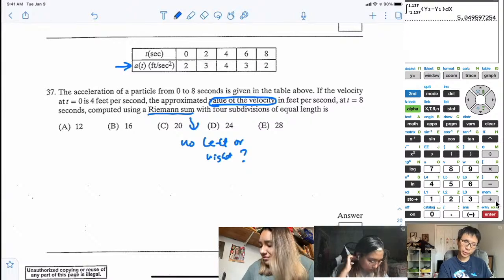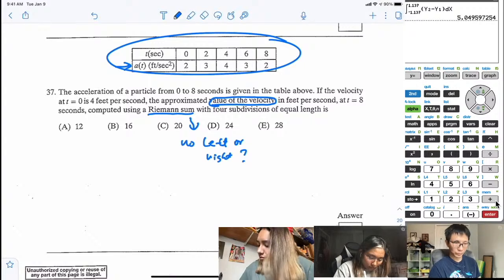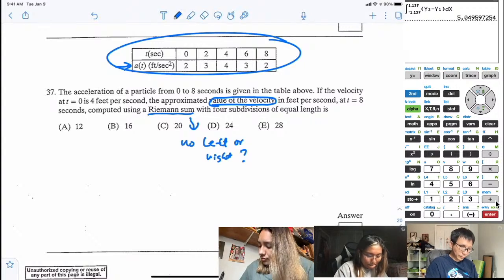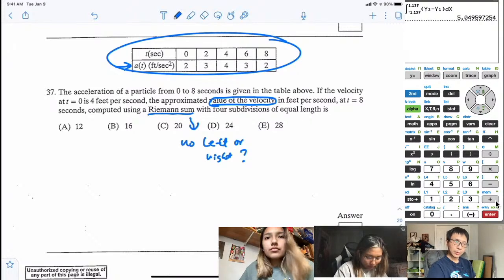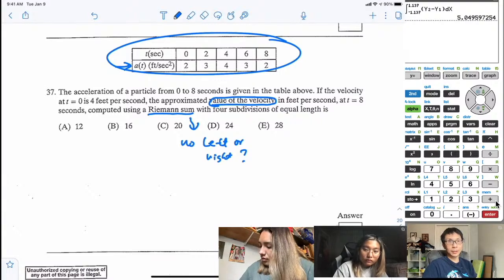Okay, good. The chart is a must, right? We talked about chart, table, and graph.